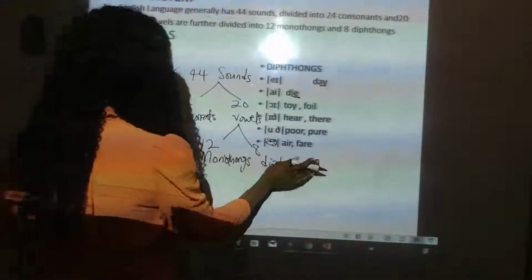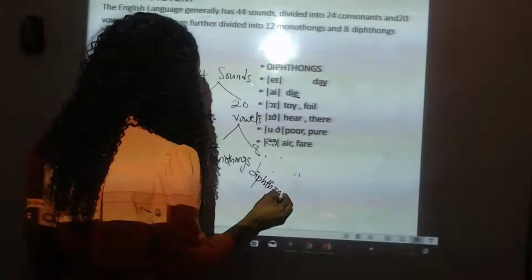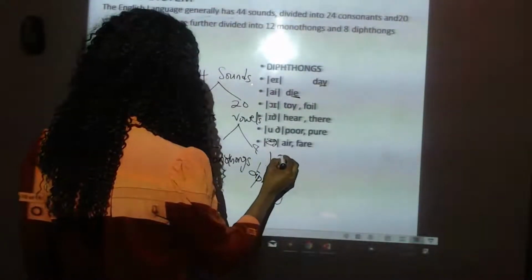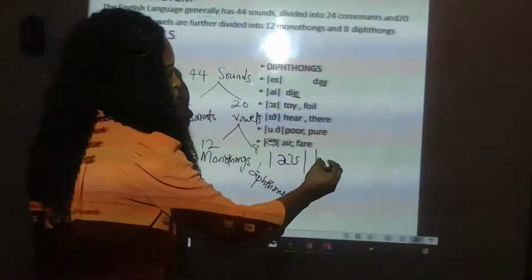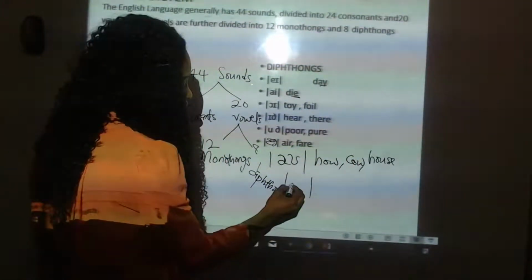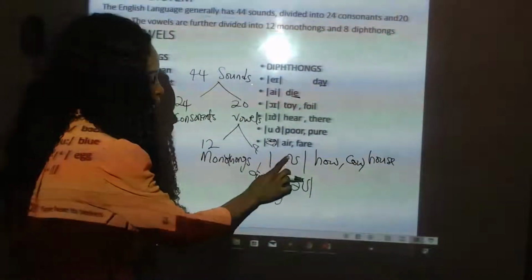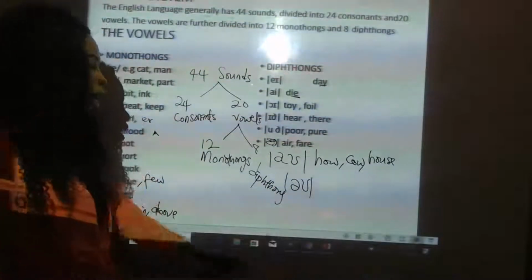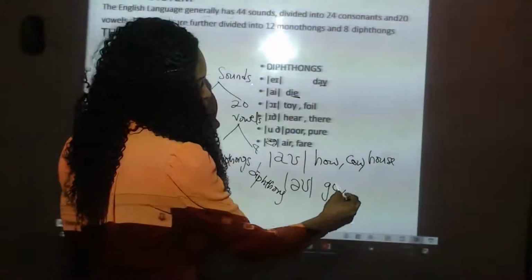The next diphthong is the diphthong ow, a and o. For example, how, cow. Please mind the difference between the two. Ew, for example, girl, no.